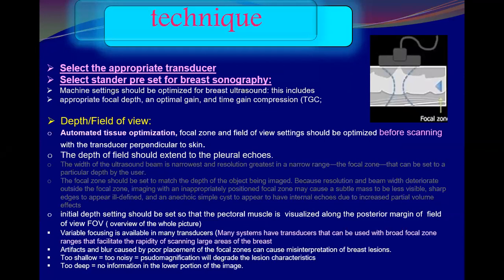So we discussed last time the field of view and the depth. And if you remember, we said the transducer has two planes, the longitudinal and the elevation planes. We said the longitudinal plane is optimized by adjusting the focal zone.